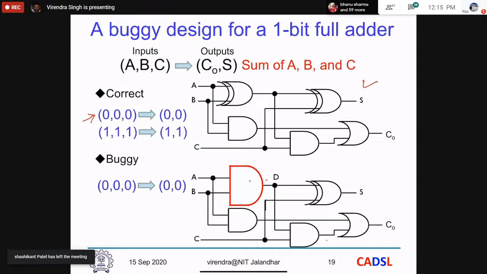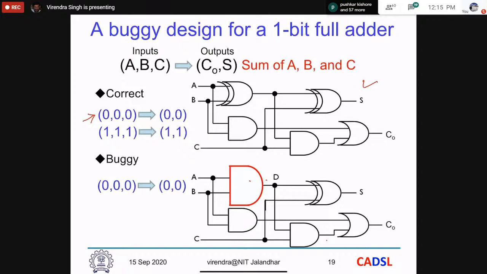So even if there is a bug here, this gives me the correct output for one input, all zeros. Keep in mind, buggy doesn't mean that for every input it gives me the wrong output. If it happened like that, then debug or verification would be a very easy problem. But it doesn't happen. Only in some cases it gives you the wrong output.